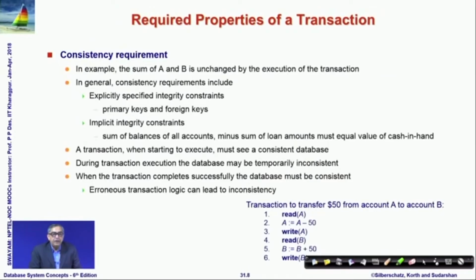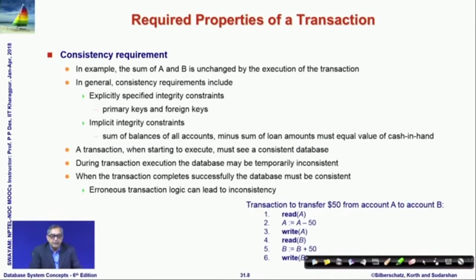The second requirement is called the consistency requirement, that is as the transactions are making changes to the database, through these changes the integrity of the database, the consistency of the values should not get affected. So, if there are certain specific integrity constraints, we have talked of primary keys, foreign keys and so on, and there could be implicit domain integrity constraints.